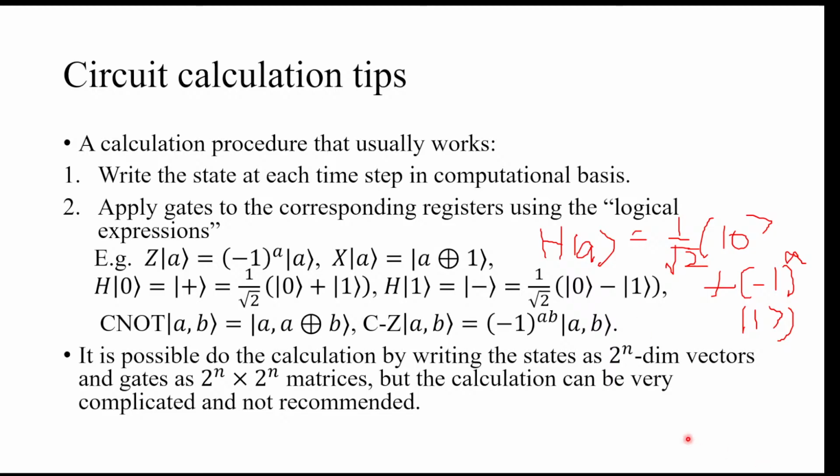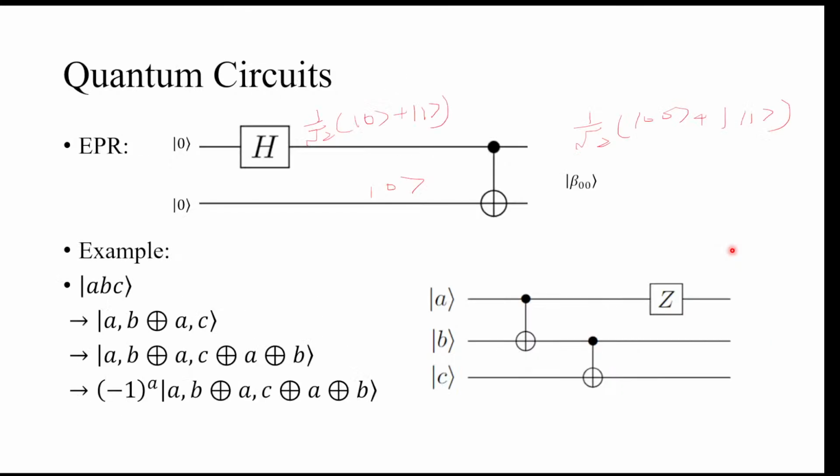Hopefully it's readable. Let me try to draw this a bit better. 0 and 0, like this. Anyway, in this example we have no Hadamard, so it's quite easy.